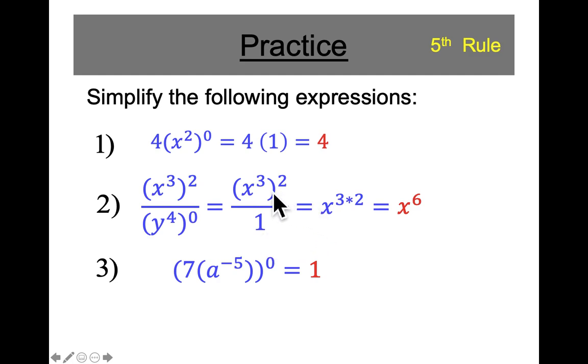So we apply the exponent rule here, multiply those exponents, and get a final answer of x to the 6th. Then on the last one, even though we have a lot of information inside of these outside parentheses, the 7a to the negative 5th, that is all raised to the 0 power, so this is simply 1.